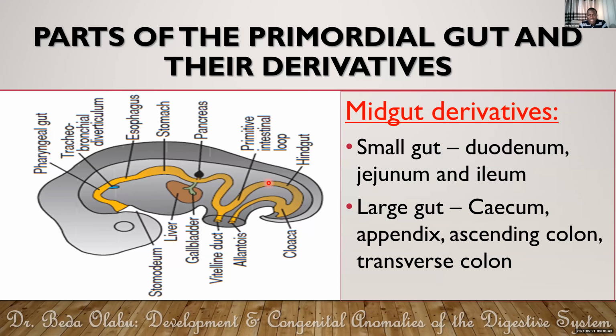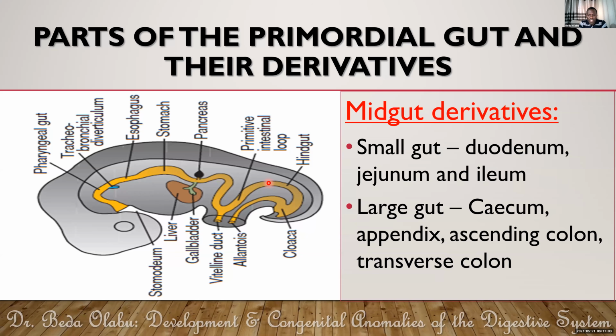As we start the transverse colon, we will only take the right half to 2/3 of the transverse colon. That is the farthest that the midgut can extend. Those are the midgut derivatives.